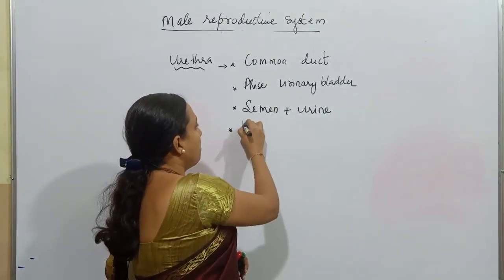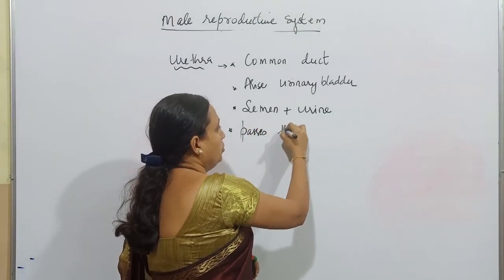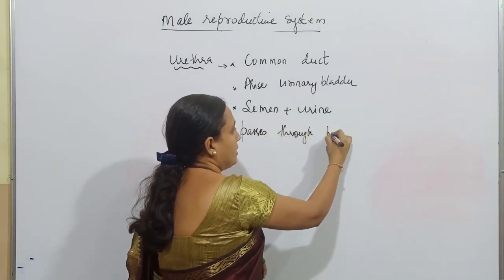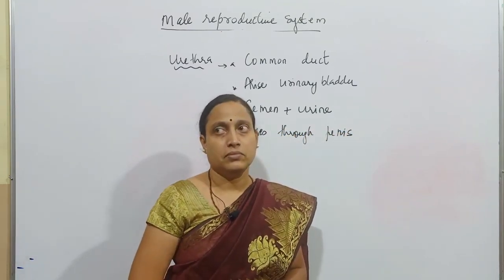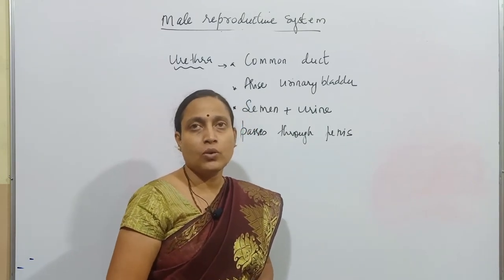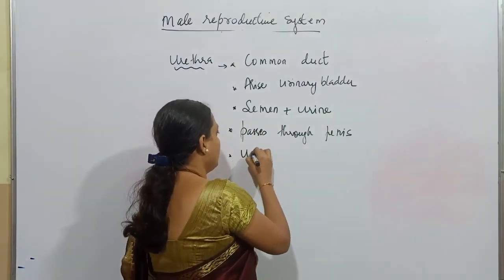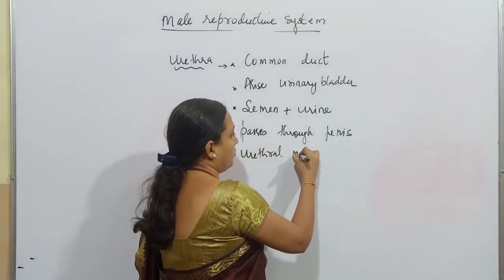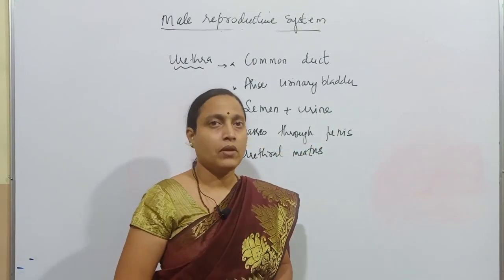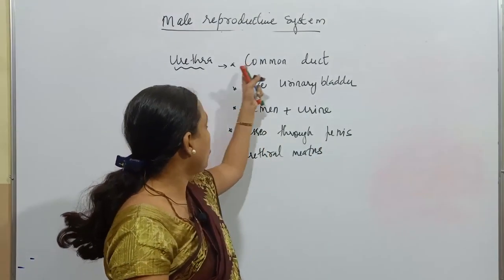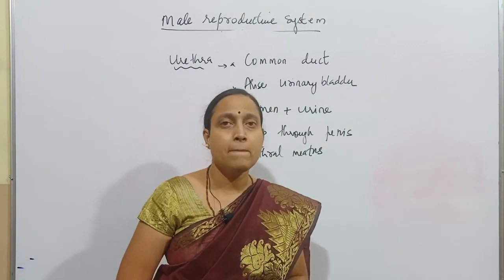The next thing you should know, it passes through the penis, and finally opens into an opening called the urethral meatus. So that was about the common duct called the urinogenital duct, where both the semen as well as urine pass.